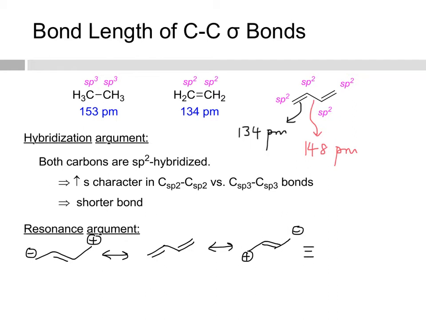Overall, our resonance hybrid is telling us that we've got delocalization across all of these 4 carbon atoms, and so this bond actually has partial double bond character. And that explains why it's shorter. Both the hybridization and the resonance argument help explain this observed phenomenon.